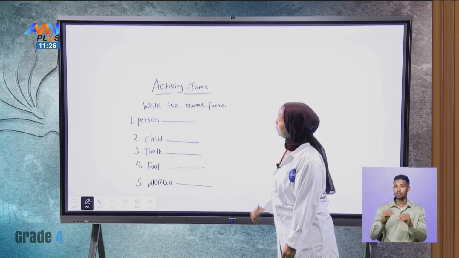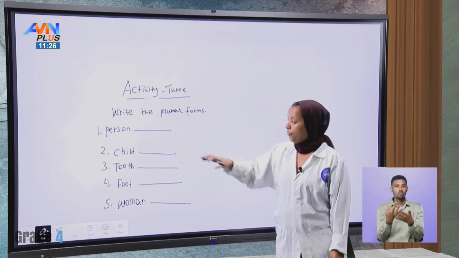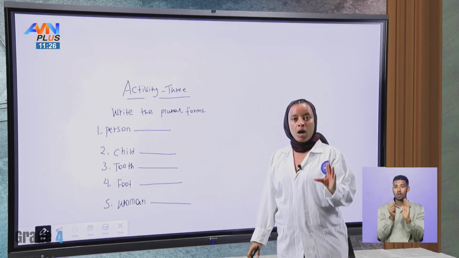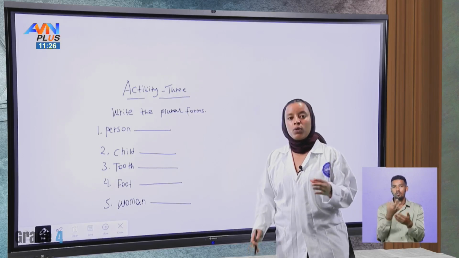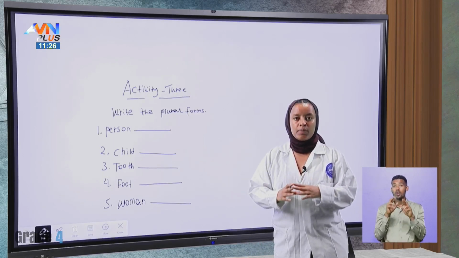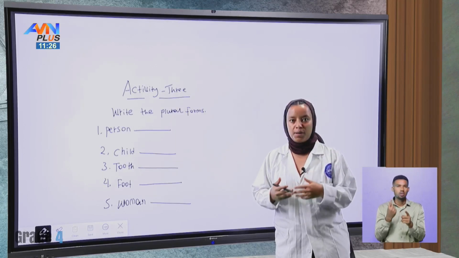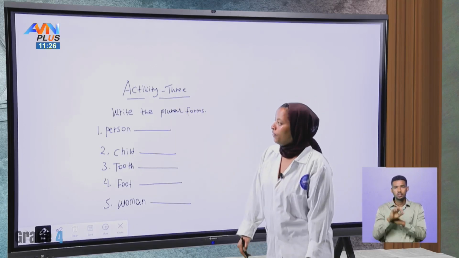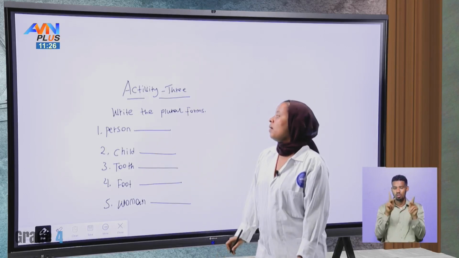Students, here is activity 3. Write the plural forms. These examples are all what? Irregular forms. When we call it irregular form, sometimes we change the whole word, sometimes we don't change it at all. The first example is person.